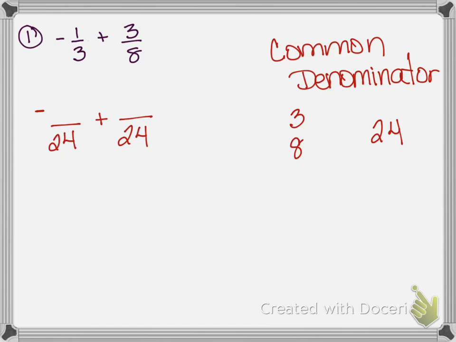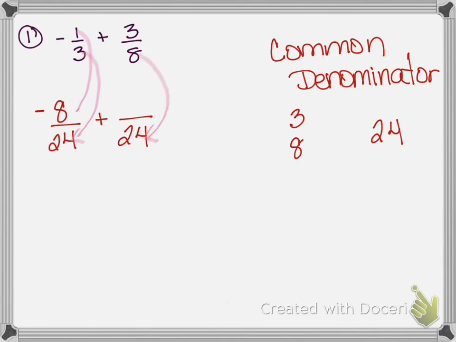So 3 goes into 24 8 times. I am looking at what I multiply 3 by to get 24, and the answer to that is 8. So now I am going to take 8 and multiply that times the negative 1. So in my numerator, I have negative 8. We're going to do that again. What times 8 gives me 24?